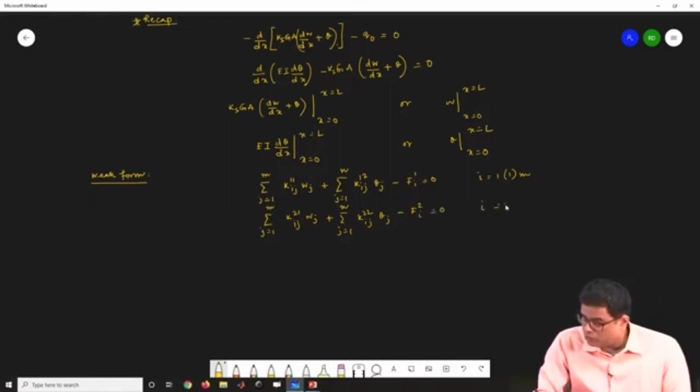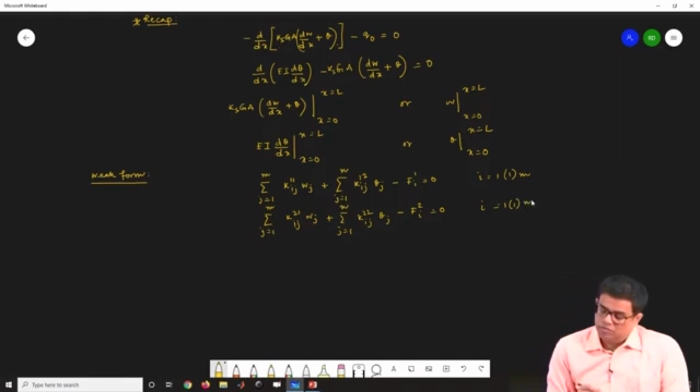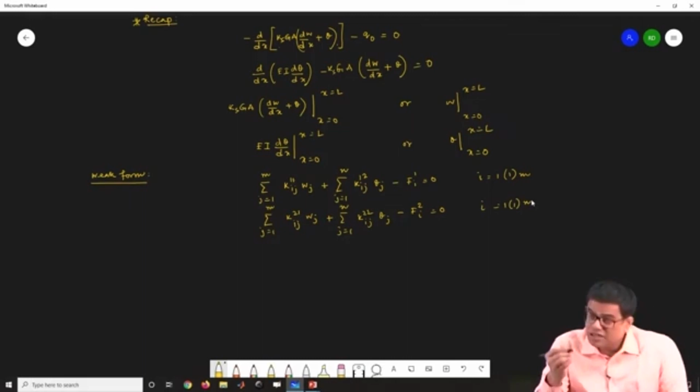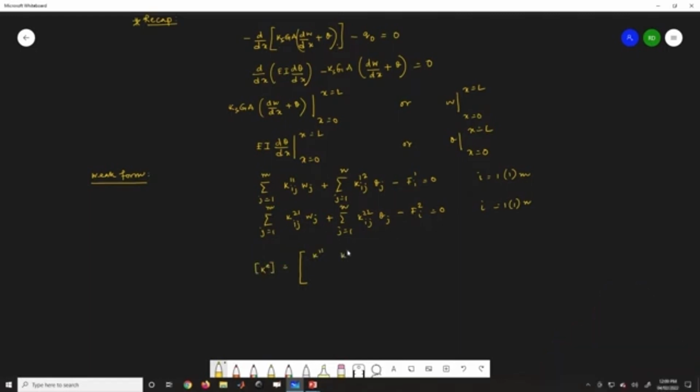Here i runs from 1 to n, where m and n are the interpolation orders for the displacement and slope respectively. This equation finally leads to the stiffness matrix Ke for the Timoshenko beam, which has block matrices K11, K12, K21 and K22. So this is my stiffness matrix.